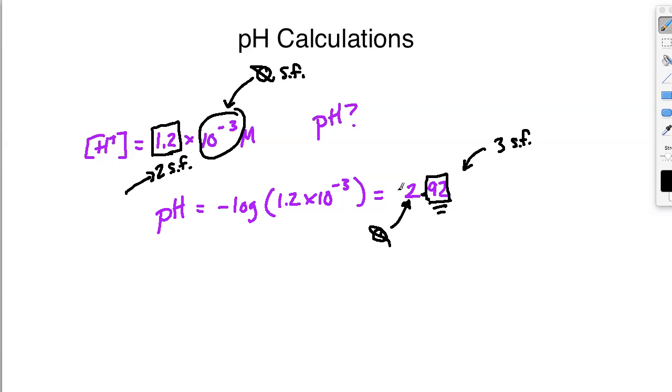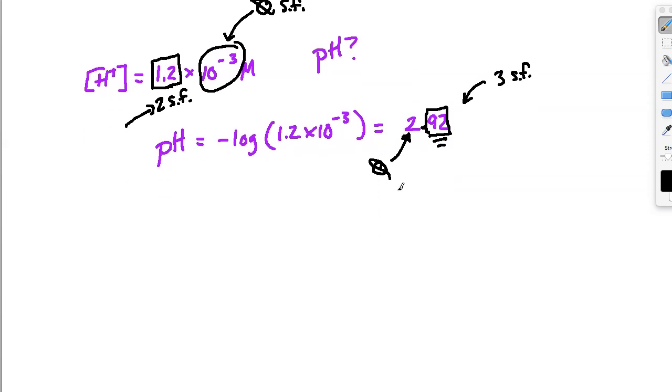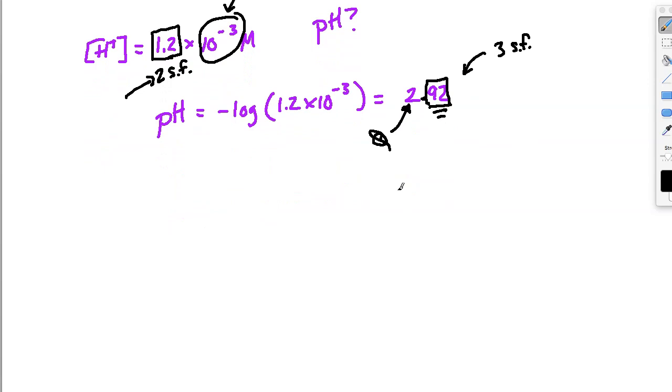Now, in the same vein, let's talk about doing a conversion backwards. Let's say you're given a pH, and it says the pH is 7.3. In this case, we would have to take 10 to the negative 7.3, and that will equal the concentration.